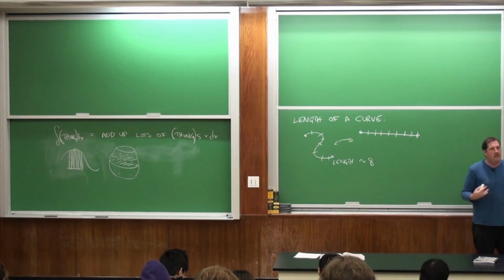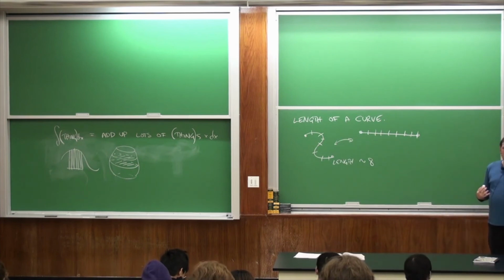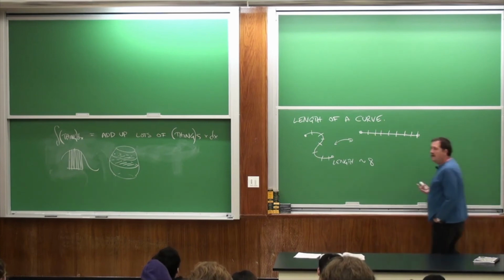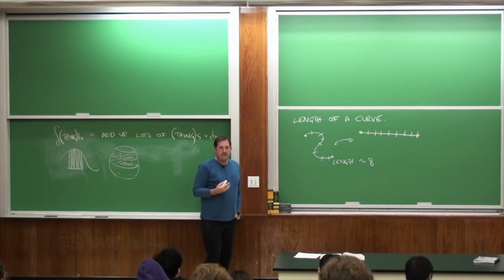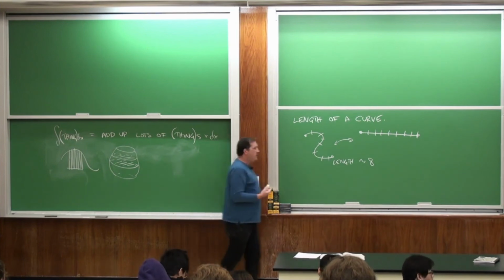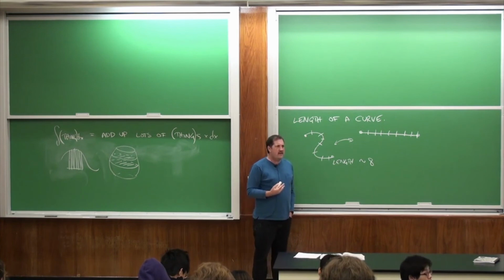So how can we formalize this idea into something that we can use calculus to understand if we know that this length is given by some function? Right? So suppose my question, is it clear the question I'm asking?